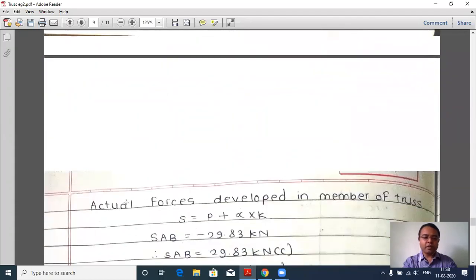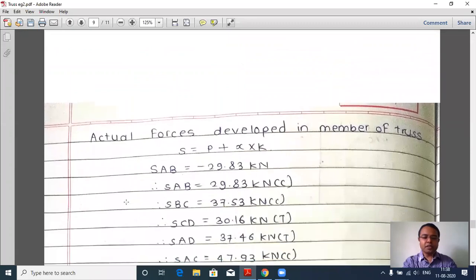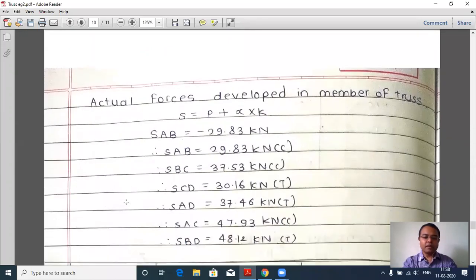Next we are going to find the forces in all the members of the indeterminate truss. To find the forces in all the members, this is the formula: instead of S, please consider F. F equals P plus XK, where F is the force in the member.